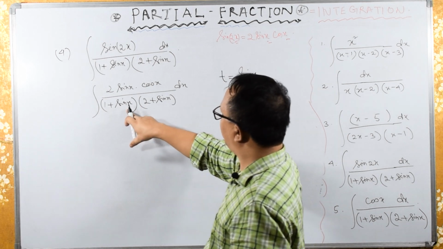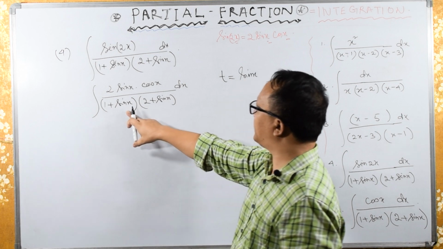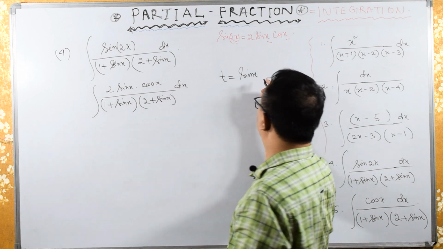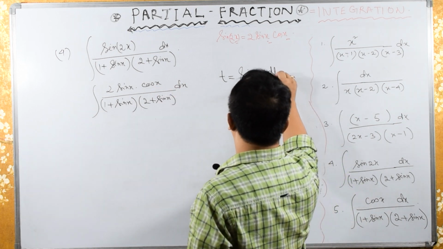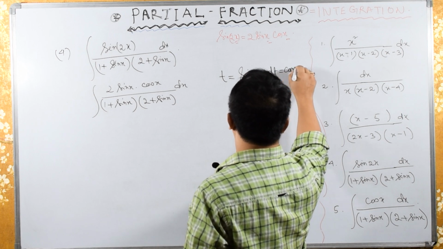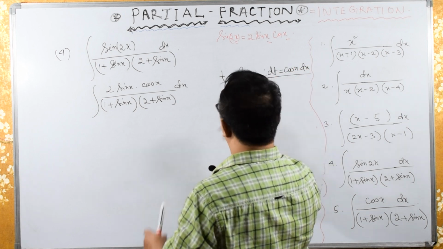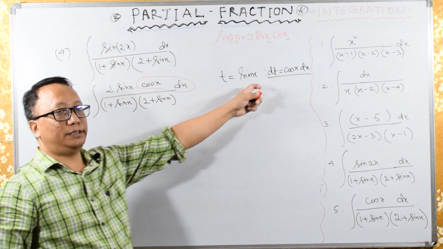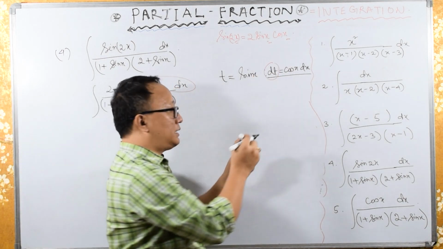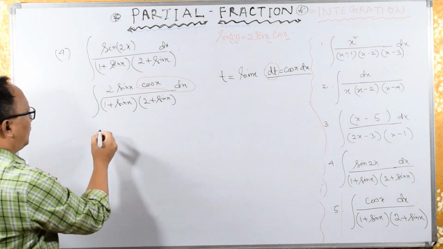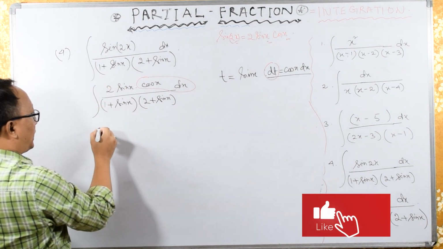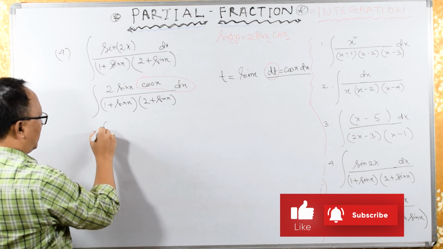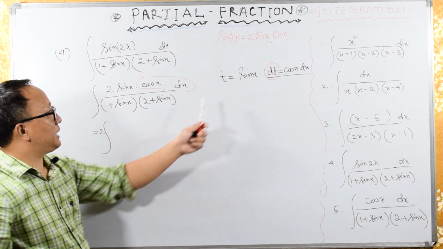Because if I differentiate sine, I will get cos x dx. Therefore dt will be cos x dx. I will be getting dt here, so these two I can send outside. What is sin x? t.